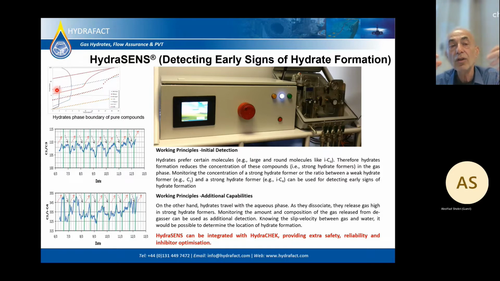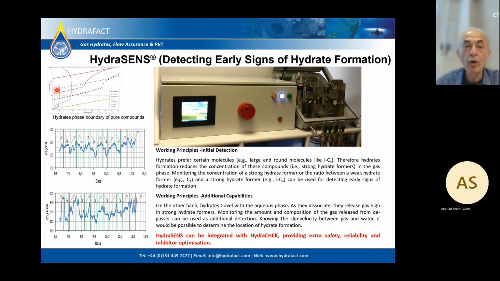So if we start with 50% of methane and 50% of IC4, when you form hydrate, you might have 75% IC4 compared to 25% methane. So you see that hydrate formation will deplete the gas phase from heavy components.